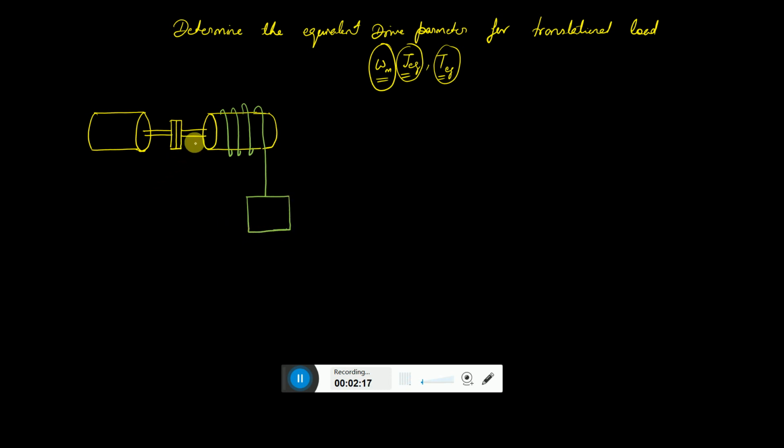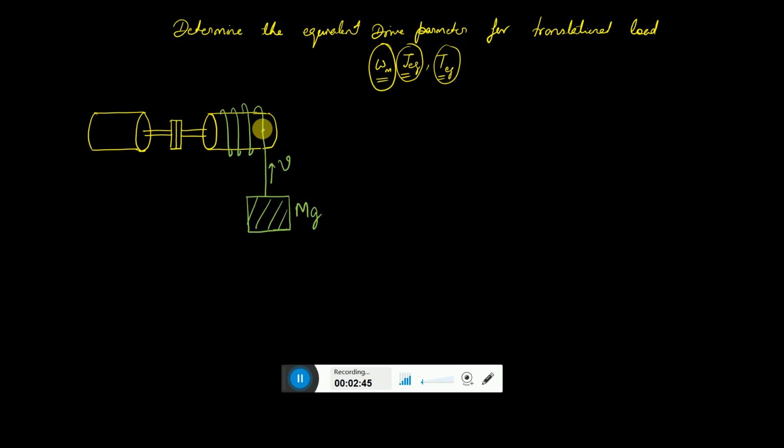Now your objective is obviously to lift this up, with a velocity v. So v is positive. The weight of the mass is m, and because of gravity, m g is a force pulling it downward.